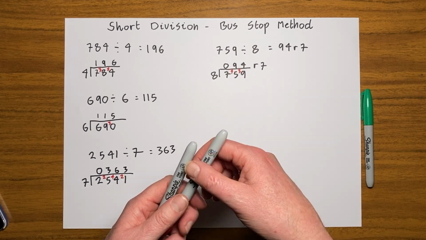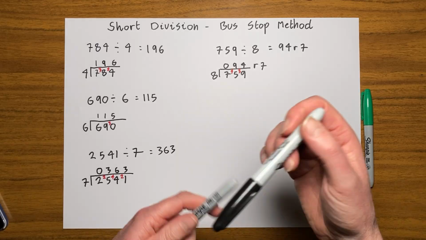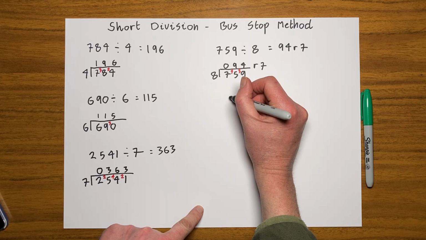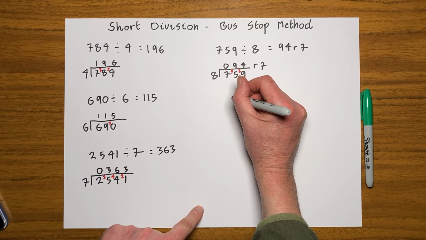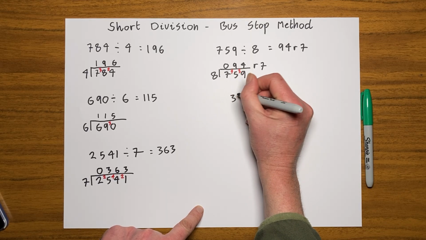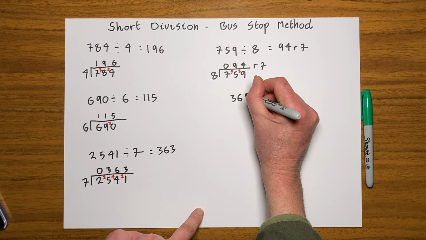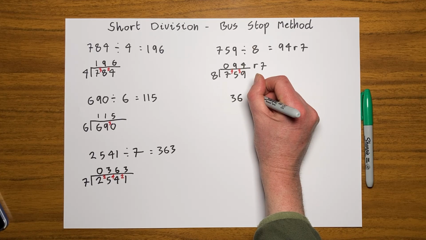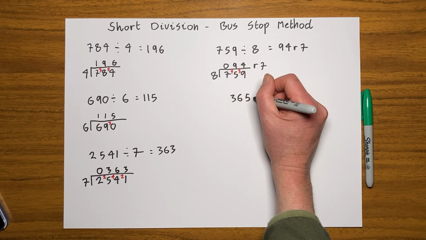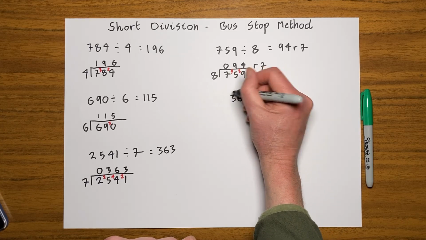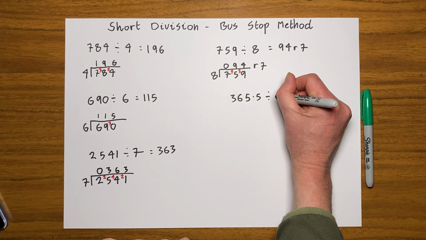So for example, let's do 365.5 divided by 5.